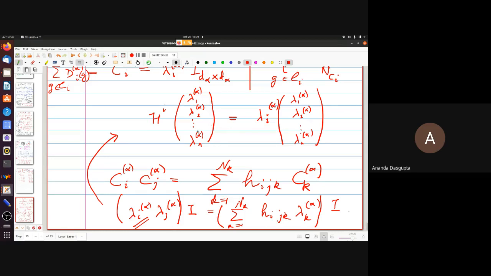The jth row of this matrix equation will be exactly this one. Any questions about this?